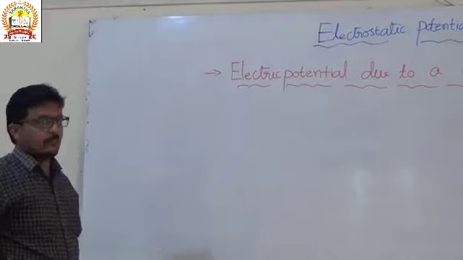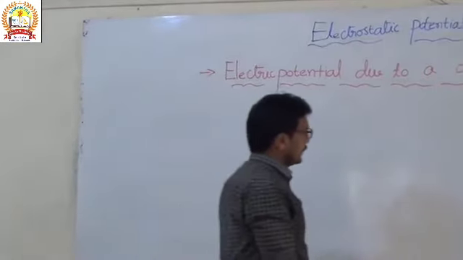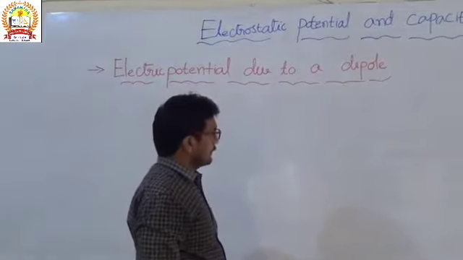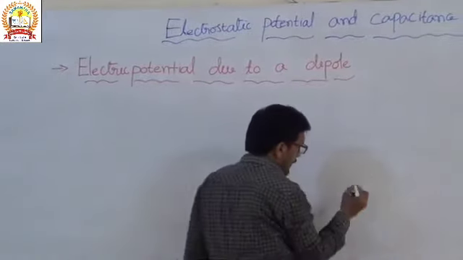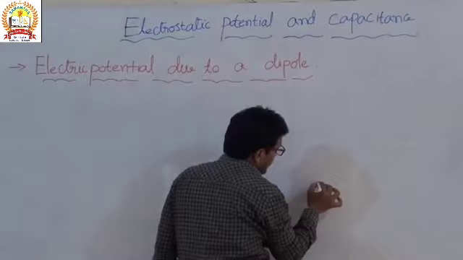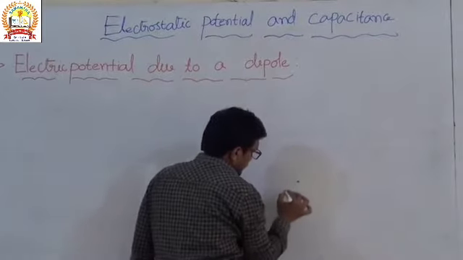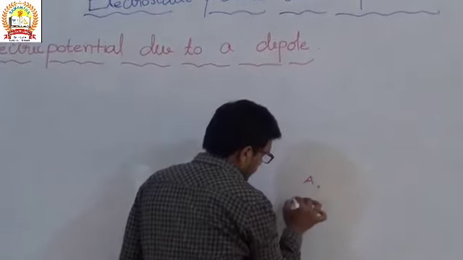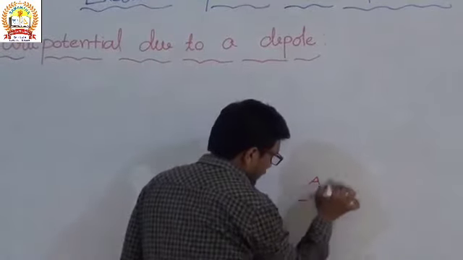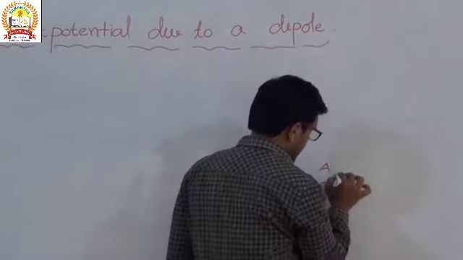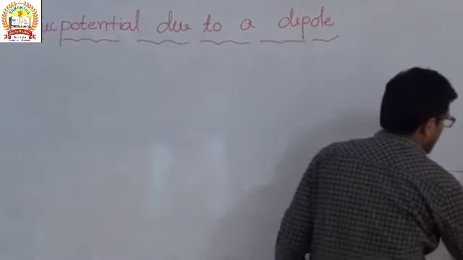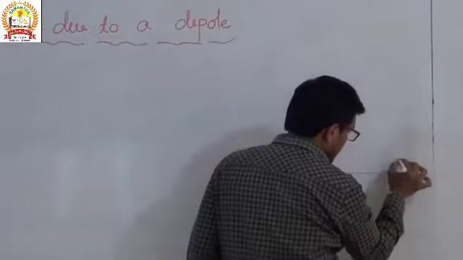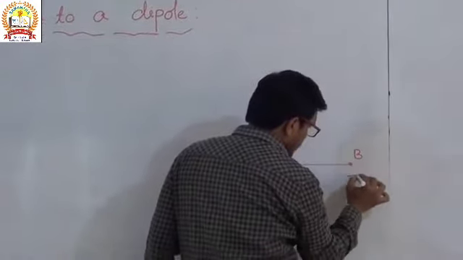Here we consider two equal and unlike charges: at point A, the negative charge, and at point B, the positive charge.